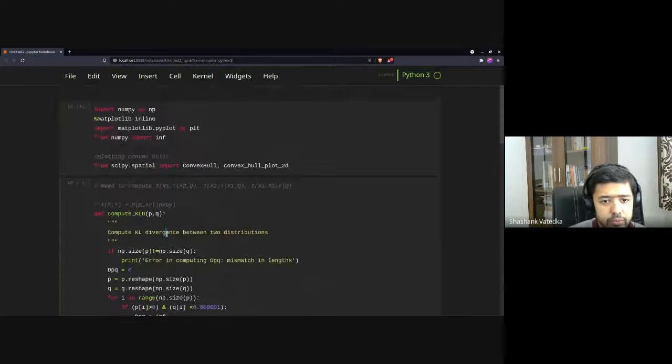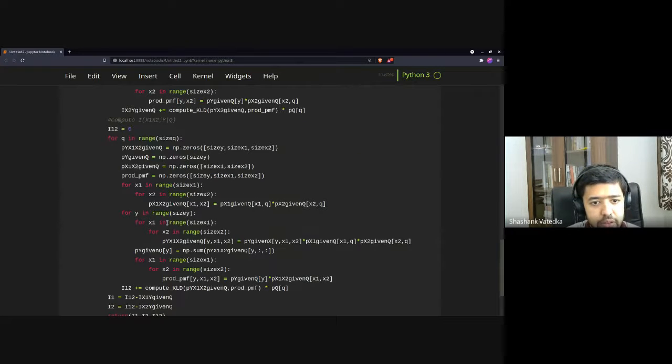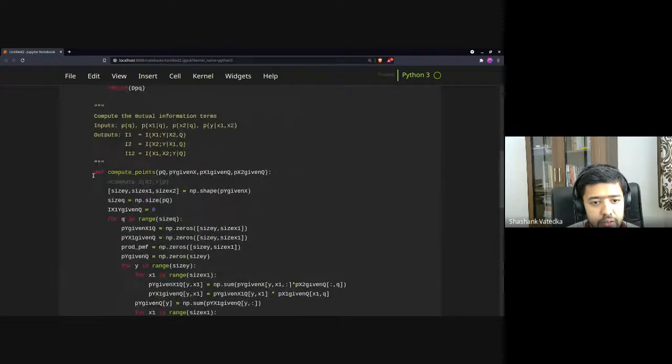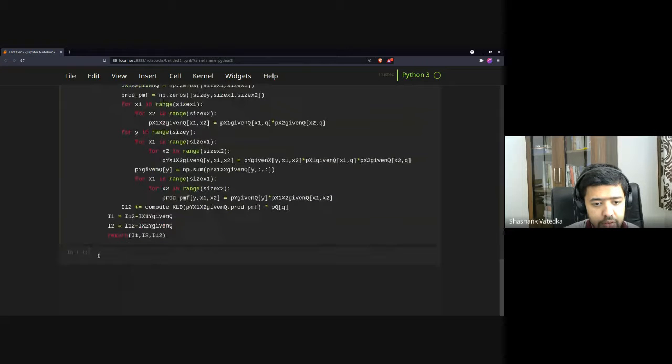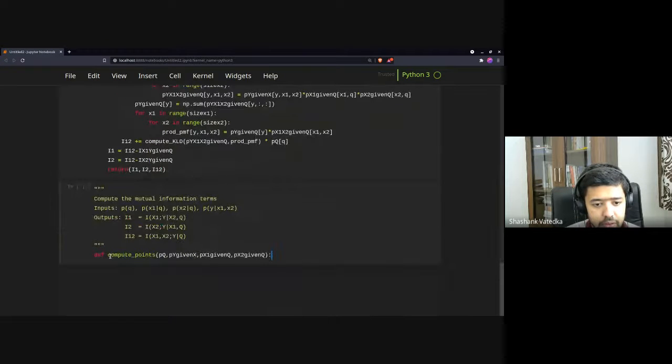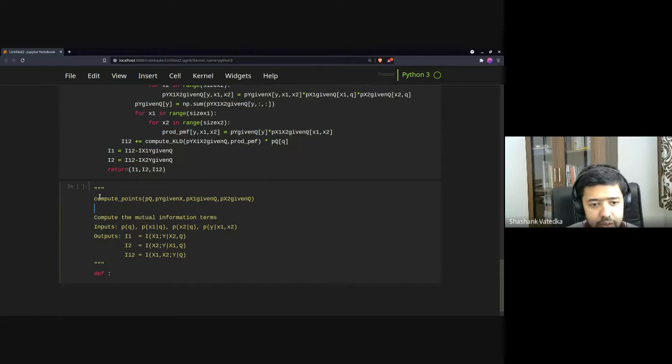So we have a block, and this function computes these terms.